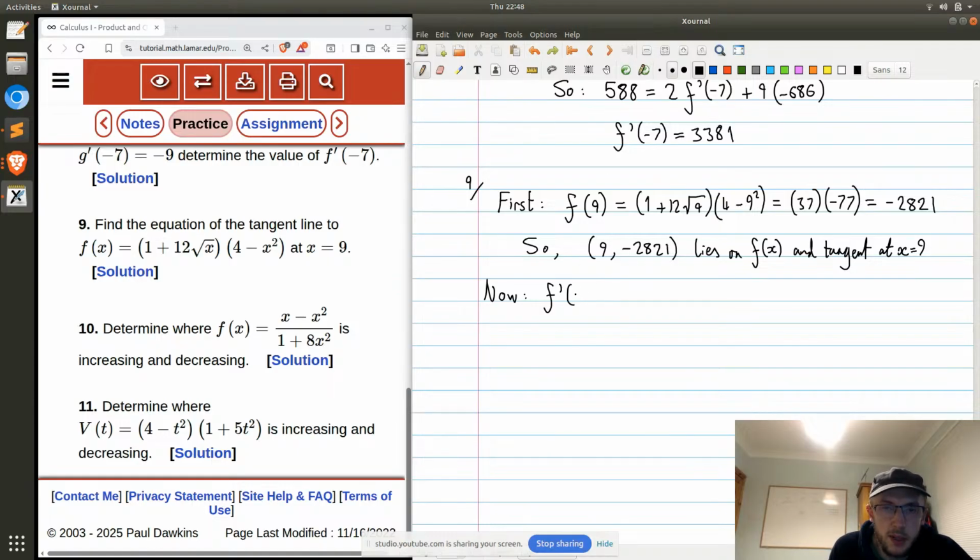Whoops, f prime of x. Let's get the derivative. Differentiate the first function, leave the second one alone.